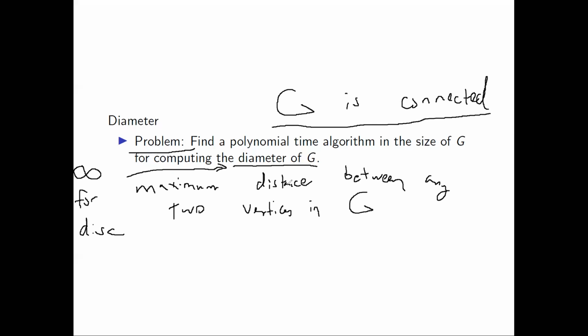And the diameter, we already saw some examples on the previous slide, how to find the radius. So the diameter here, we can use the same numbers we had before. We can look at, for each vertex, what's its maximum distance to any of the others, and we can just look at all those numbers and take the maximum one.